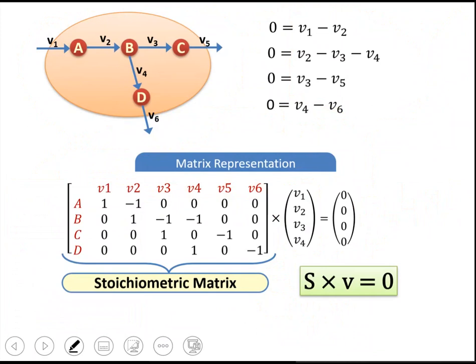And this is always represented like this. S is our stoichiometric matrix, V is our unknown vector of rates, and 0 is due to equating mass balances to 0 in the steady state assumption. So 0 here is a vector of zeros.